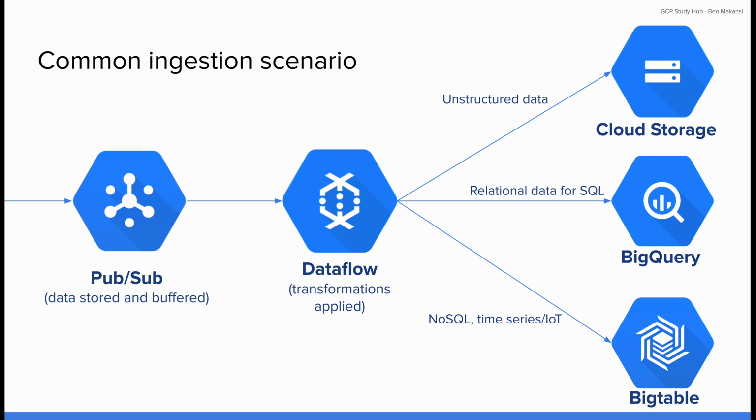It would be a good idea to memorize this pattern, or at least make yourself familiar with each of these services in order to know that they could fit together like this for certain business scenarios. And we will be covering the ones that we haven't yet, mainly Dataflow, in future sections.